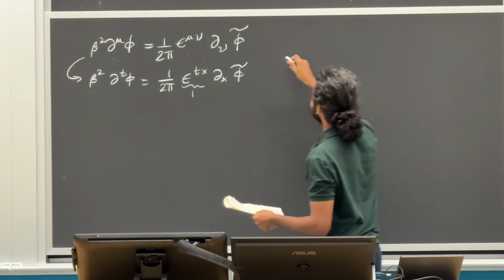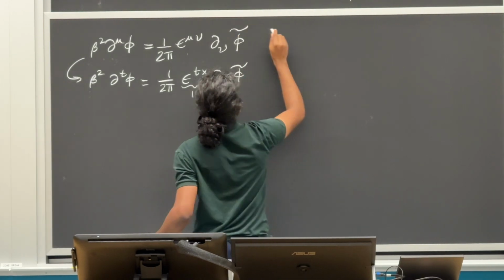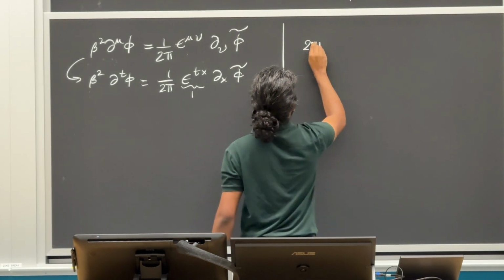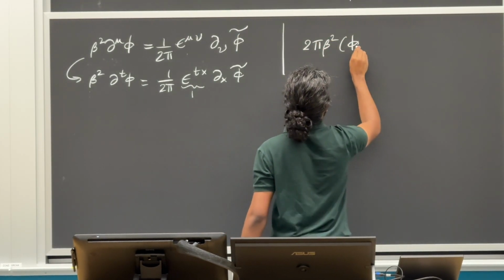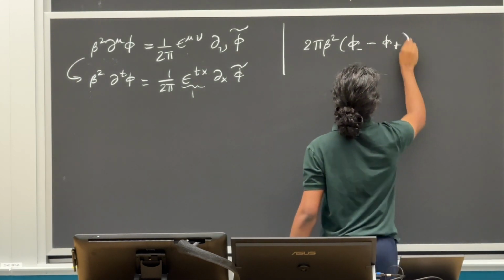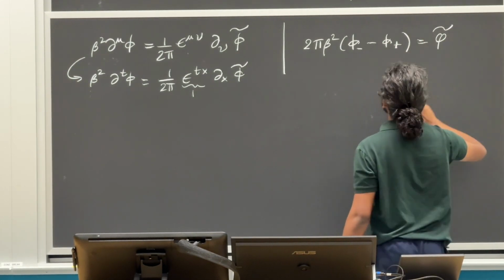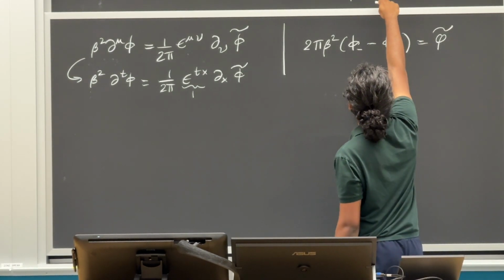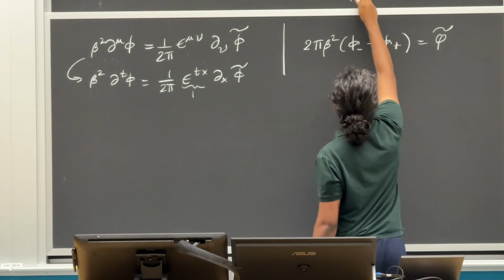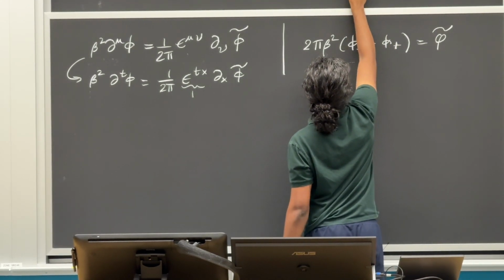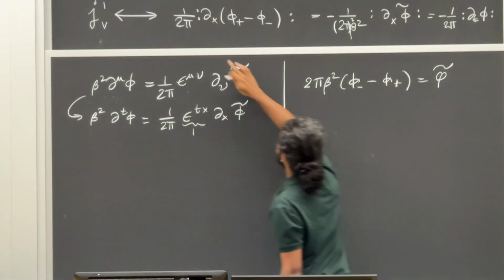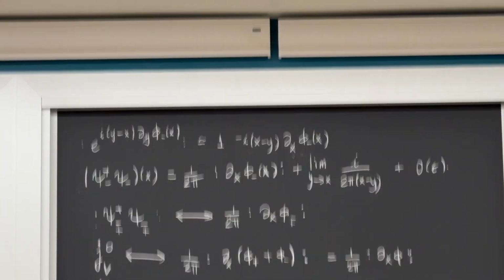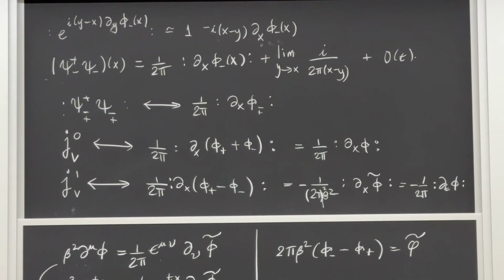Yeah, I got it. So this is what I was saying, 2 pi beta squared is phi plus phi twiddle. So I missed the factor of 2 pi there, because I already had a 2 pi. So then that is alright.